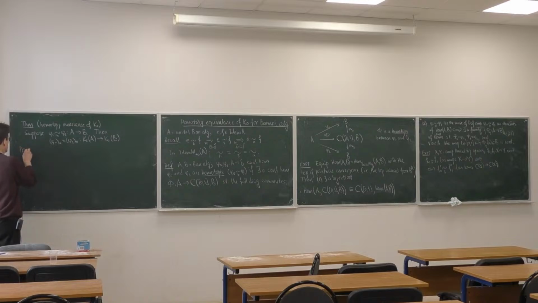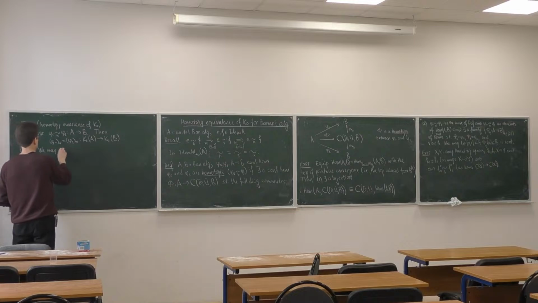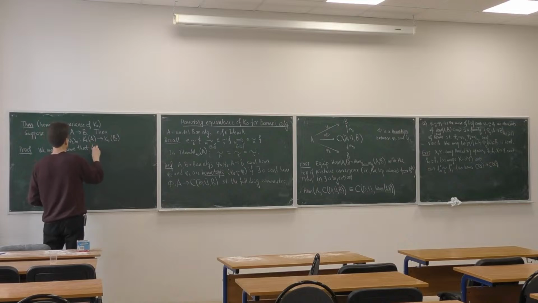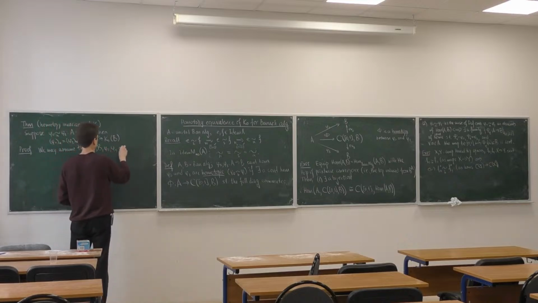Well, let's now prove this result. First of all, let's observe that we can assume from the very beginning that the algebras are unital and the homomorphisms are also unital. We assume that A, B, phi 0 and phi 1 are unital.